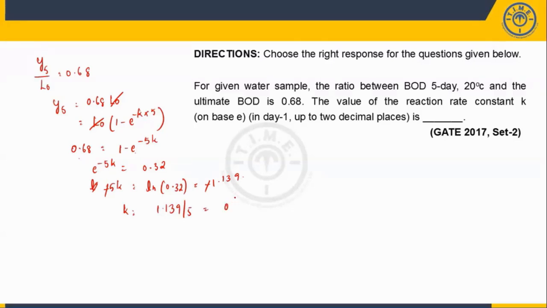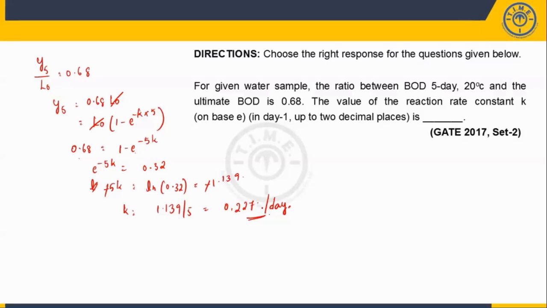0.227 per day. Yes, sir. This is what we want. Always do remember, k will be 0.1 per day, 0.2 per day, 0.3 per day, in that range only.